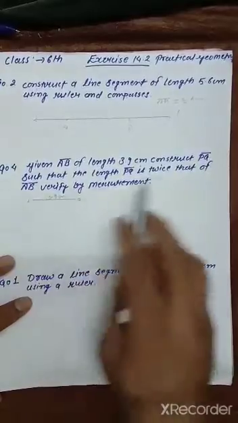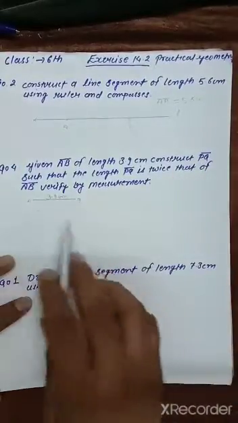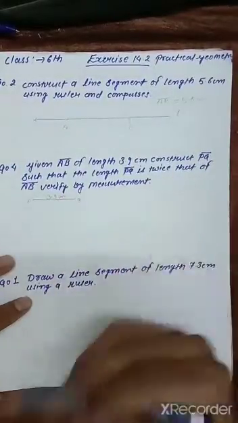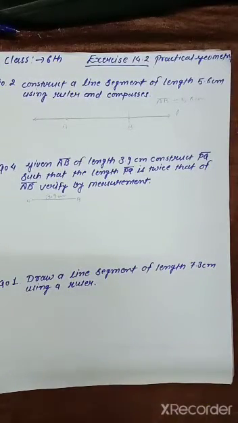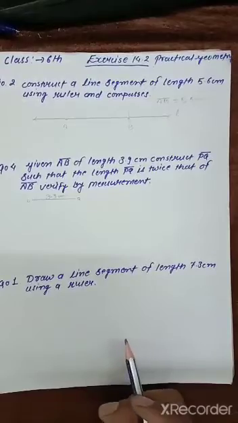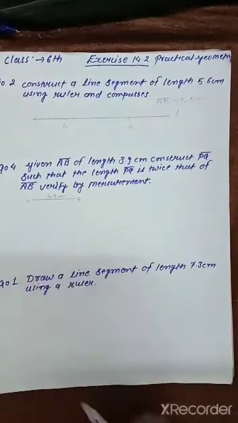Now we have to construct PQ such that the length of PQ is twice that of AB.